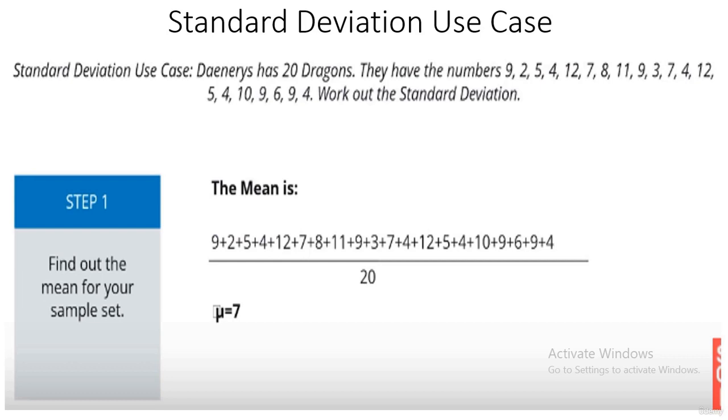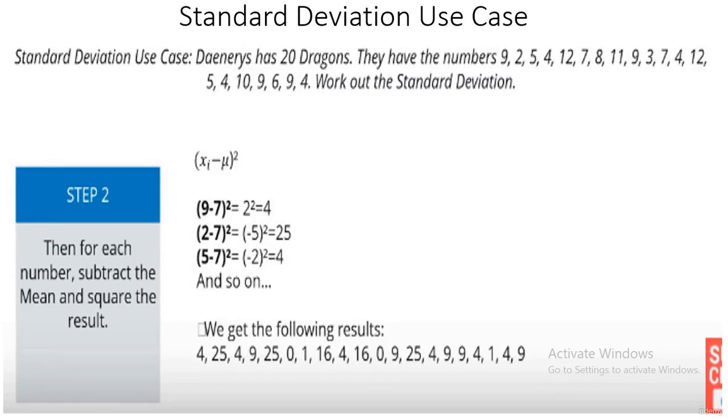Okay, this is our step 1. Step 2 is, for each number, subtract the mean which we found in step 1, that is 7, and square the result. The first one is 9. That means 9 minus the mean, squared: 9 minus 7 whole raised to the power 2, and 2 squared is equal to 4.